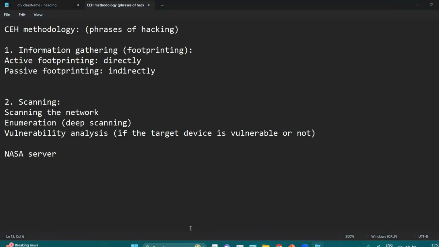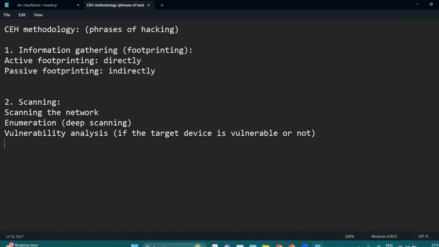So in that case, what we can do is apply some other attacks, like some social engineering attacks, some DoS attacks, some buffer overflow attacks, etc. We can try it. Okay. So if the system is not vulnerable, we can apply some forceful attacks like malware attacks, some social engineering attacks, to gain some other information about the target server so that we can use that information to gain access inside the server. Okay.